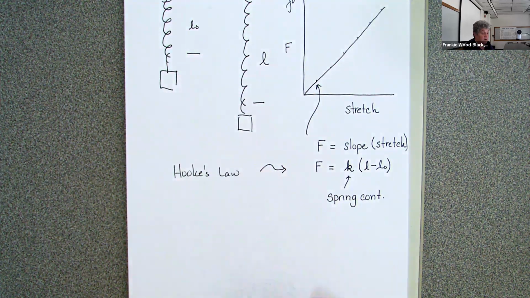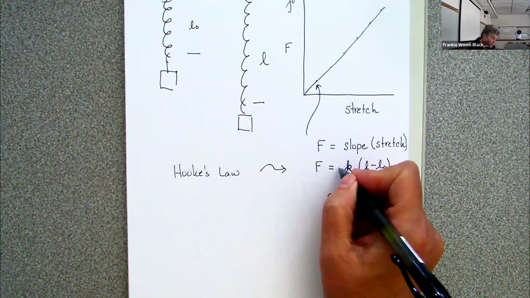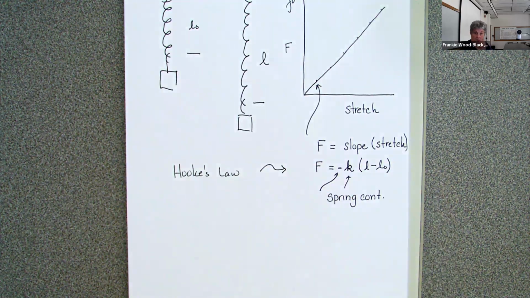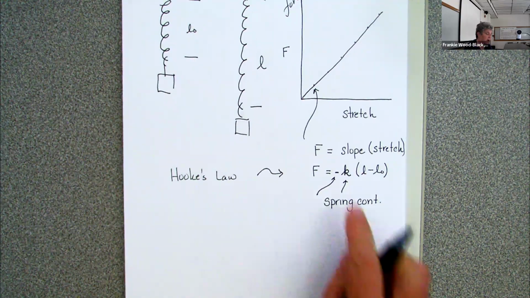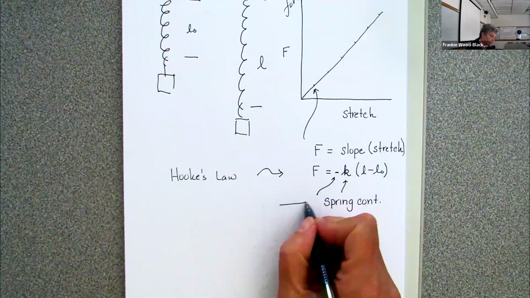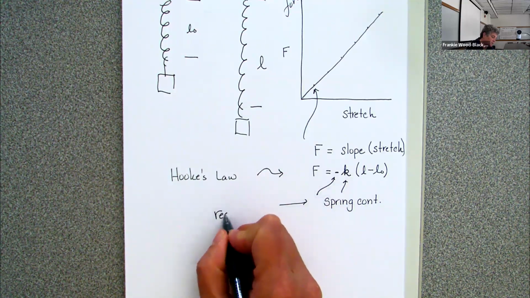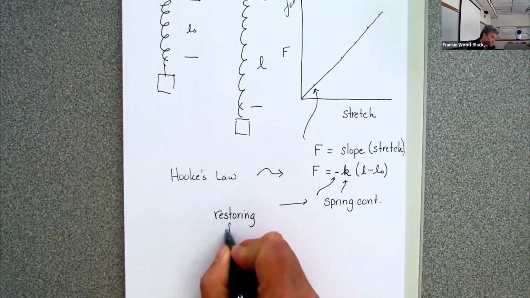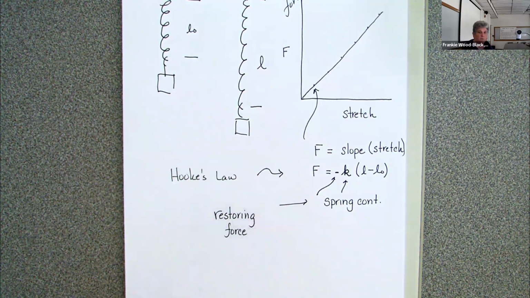Now, Hooke's law isn't complete there, because there's something that's missing in Hooke's law. We have a negative sign in Hooke's law. And the negative sign comes from the fact that this is a restoring force. My spring is wanting to return to its original shape.